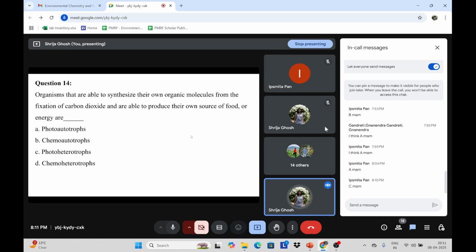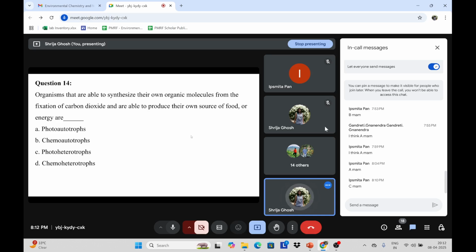Okay, Smita, you're saying option C, that is photoheterotroph. I've told you whether the energy source is light or chemical. Based on that, we decide whether it is photo or chemo, right?